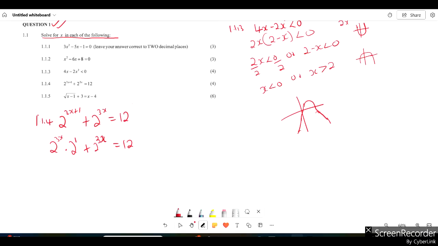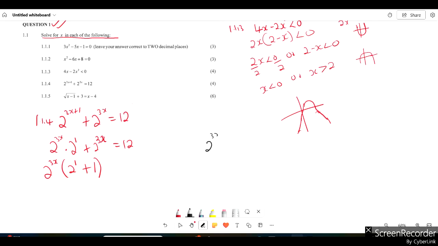It is 2 to the exponent of 3x, and then I'll be left with 2 to the exponent of 1 plus 1. Why am I saying plus 1, guys? I told you that we divide by the common factor. Let me show you here.